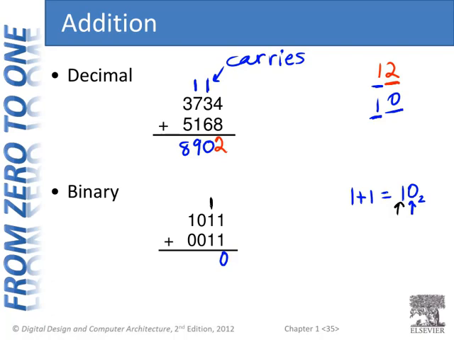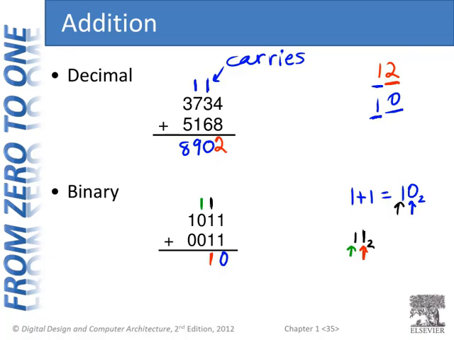Now we get 1 for this column. We get 1 plus 1 plus 1. We get 3, which is 1, 1, base 2. So we take our least significant bit, put it in that column, and carry out the most significant bit.